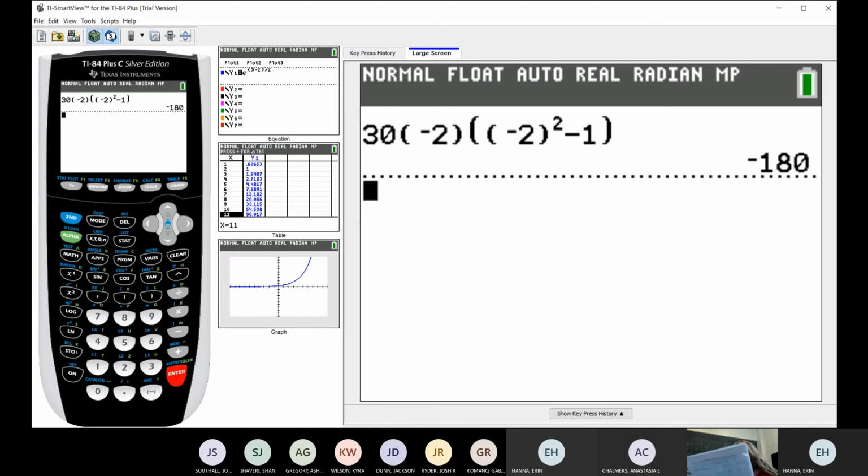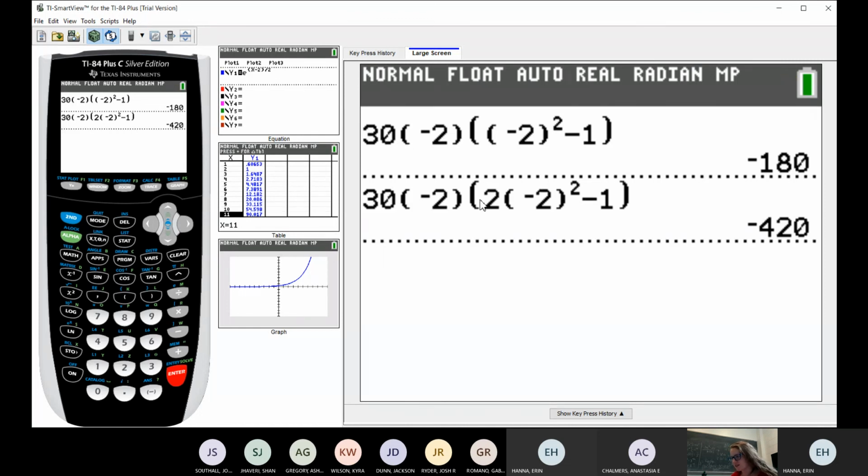Whoa, what happened? Oh, it's 2 times, right, hold on. There's a 2 in front of this. I know I was missing something.